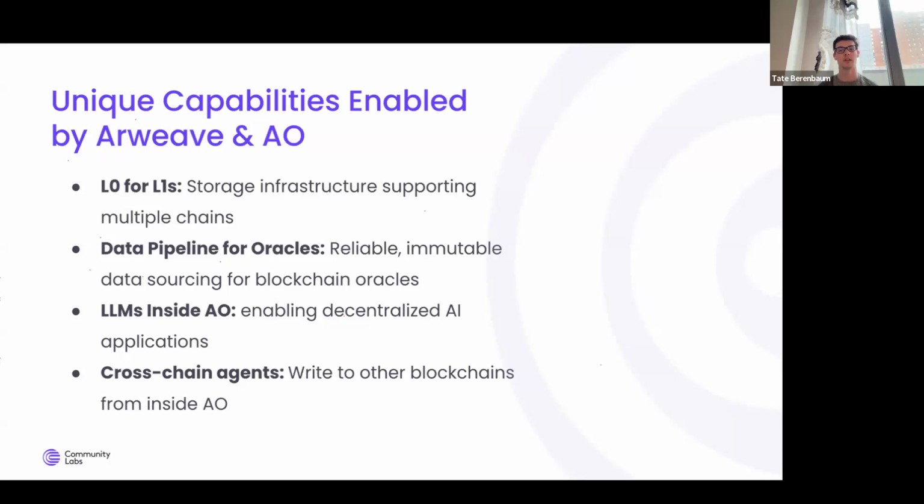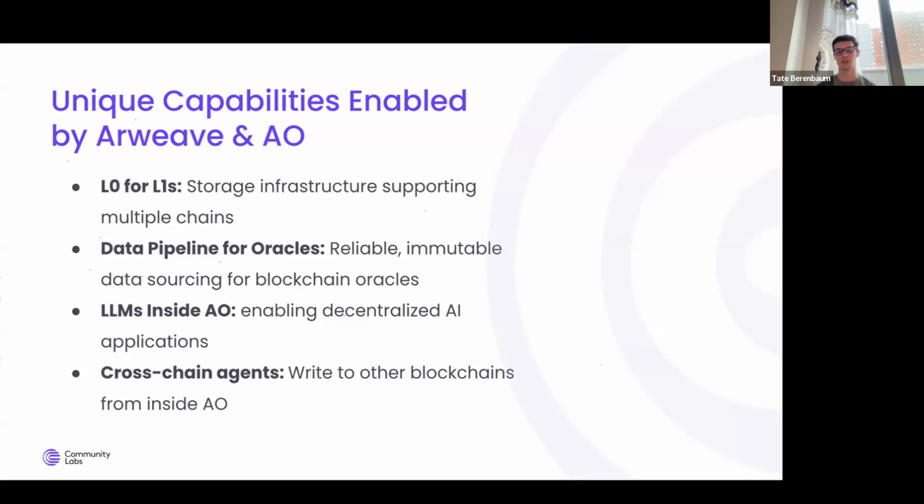Because AO is generalized, the goal is to offer generalized computation, and it runs with WebAssembly. You can actually run large language models inside of AO completely on chain for the first time ever, which is super cool. And also because of the TEE infrastructure that can be built on top of AO, you can have people generating private keys and signing transactions from inside of AO processes that could then be used to interact with other blockchains.